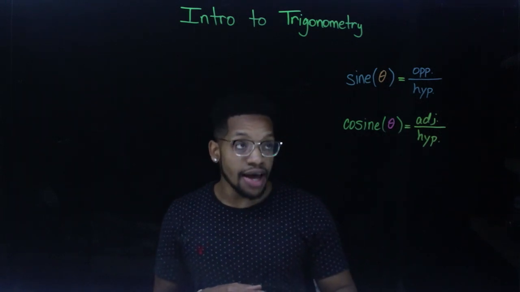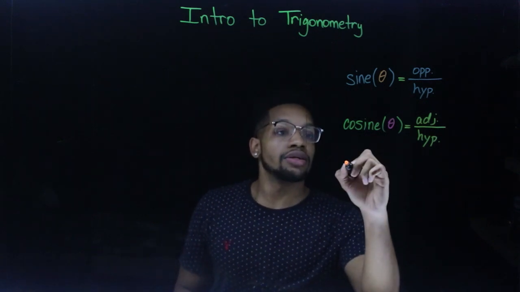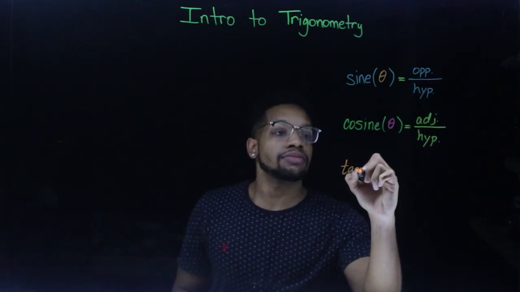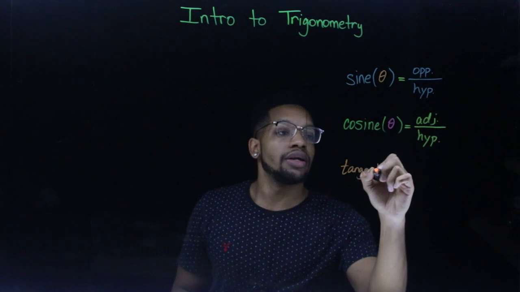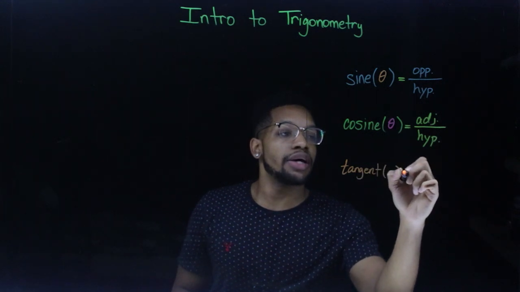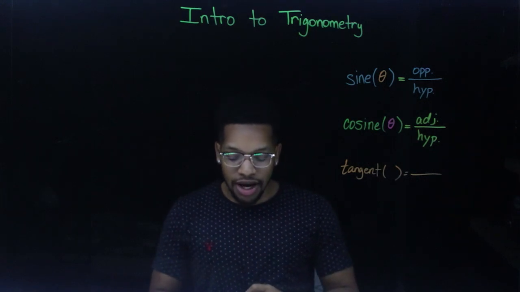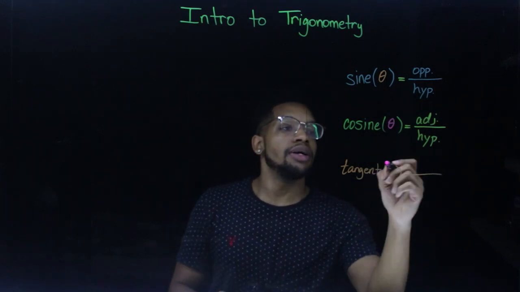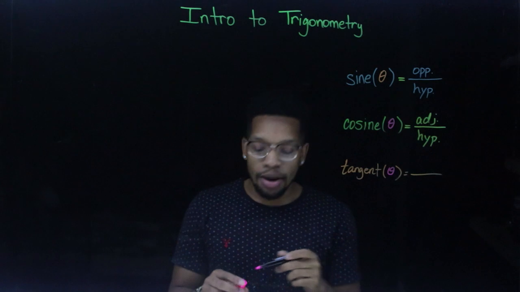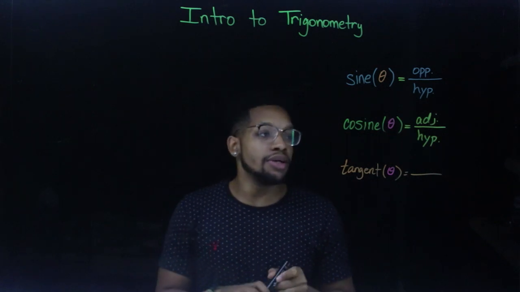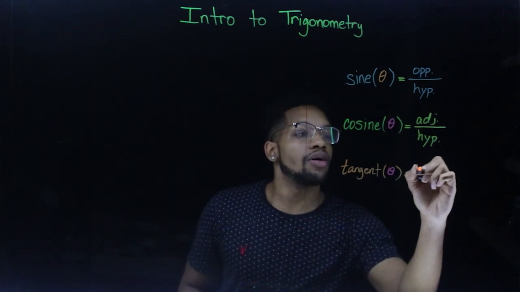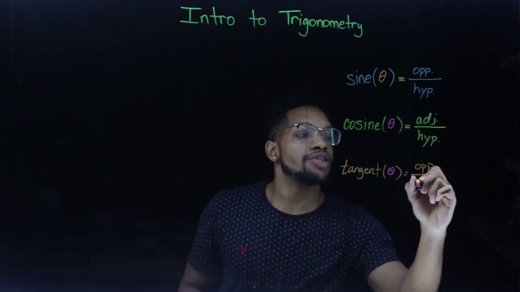All right, and then the last function is called the tangent function. And again, its input is theta. And the ratio of sides this time is gonna be, it's weird because you don't involve the hypotenuse. So it's actually just gonna be opposite over adjacent.